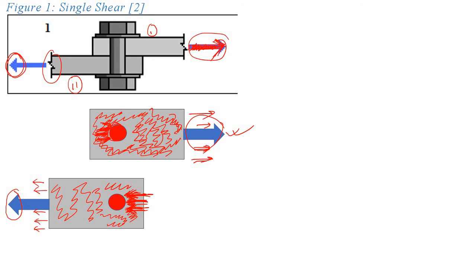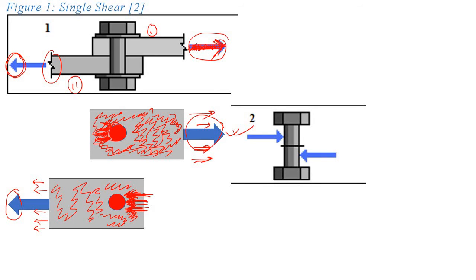As a result, at this face there is a resultant force. Due to this force this plate is trying to go towards the right, but due to this bolt the forces at the back side of this bolt are simply pushing, so there is a net resultant force, and this force is represented here.